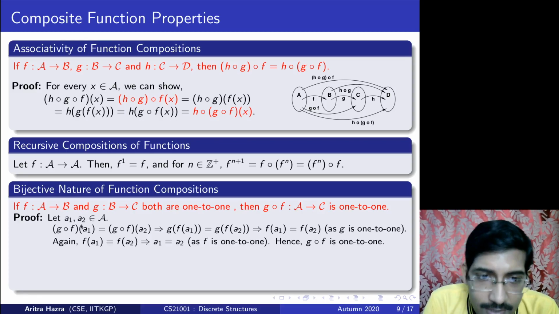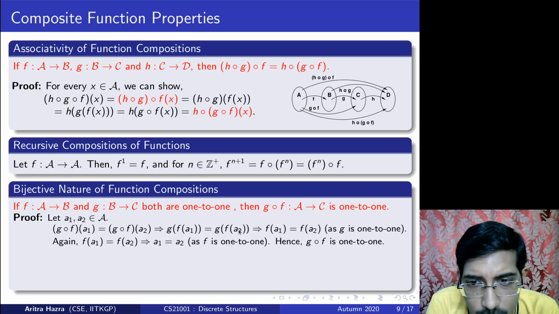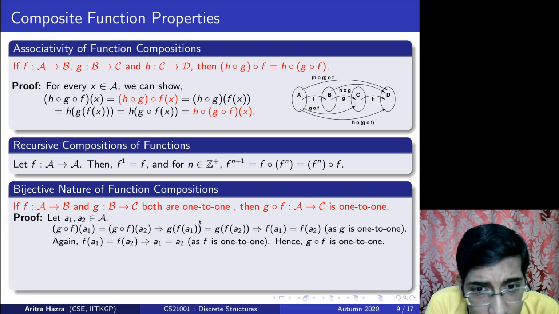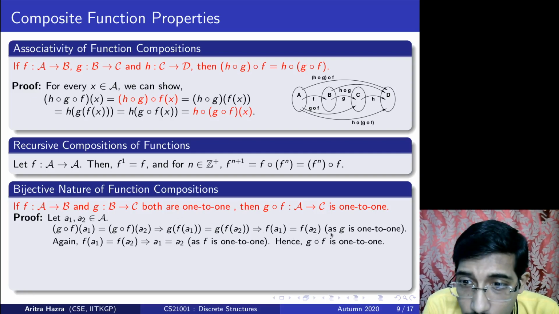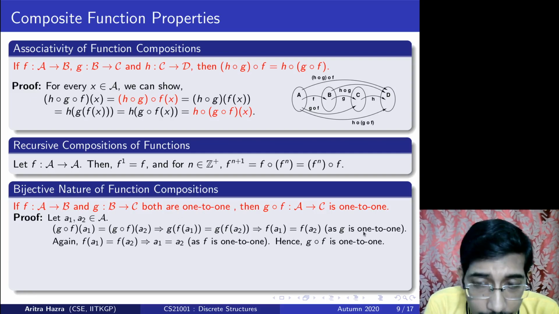So let us assume for A1, A2, GOF A1 equals GOF A2, which means that G of f of A1 equals G of f of A2. Now what is G? G is a 1 to 1 function. So whatever be the G of x1, if it is equal to G of x2, then x1 and x2 will be equal as per the definition of 1 to 1 function. So f of a1 is equal to f of a2, since G is 1 to 1.